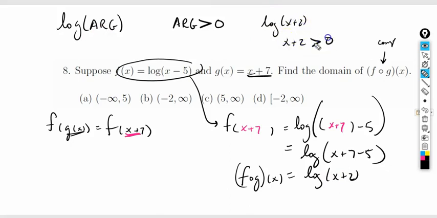So that is strictly greater than 0. Subtract 2 from both sides. x is strictly greater than negative 2. So again, if you get it memorized the wrong way and think it's greater than or equal to 0 for a logarithm, which it's not, that's going to lead you to the wrong choice, which would be D. So number 8 is B.